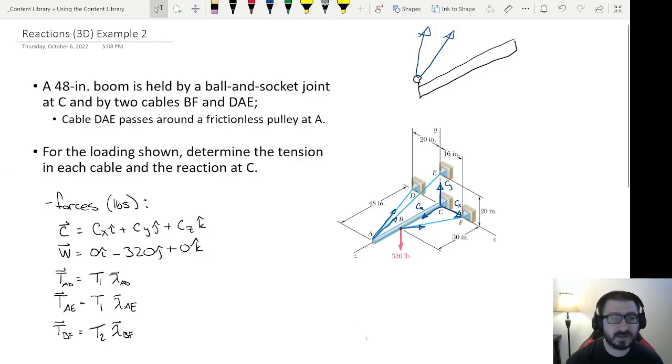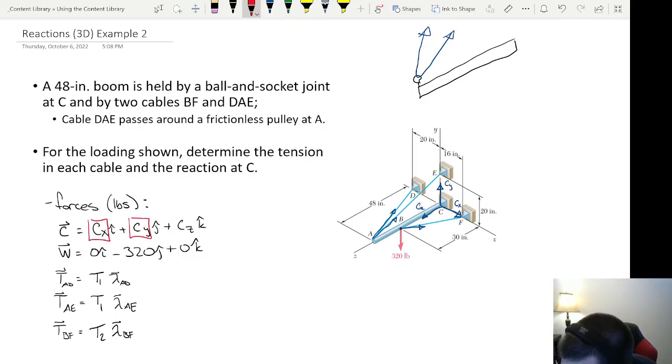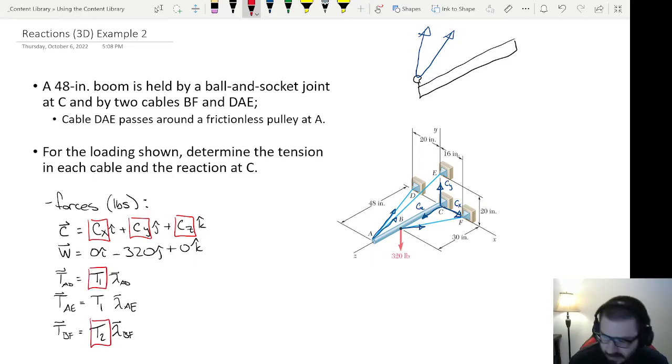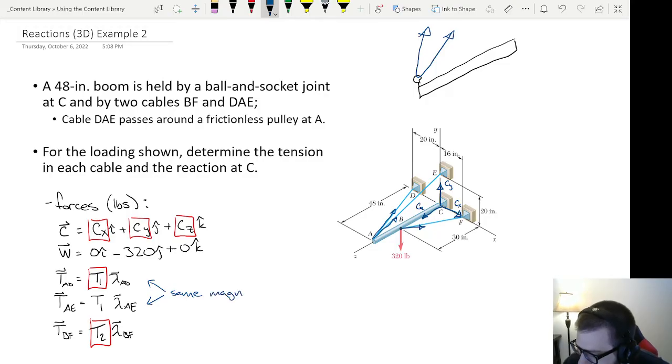So those are my forces, and ultimately the unknowns that I need to solve for are this, this, this, this, and that. Again, so that it's crystal clear, those have the same magnitude. Those are my unknowns, and that's basically me framing out the problem.